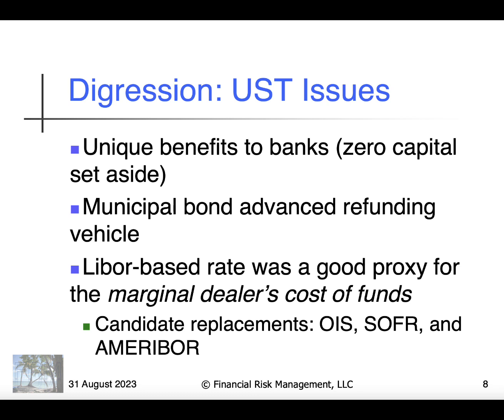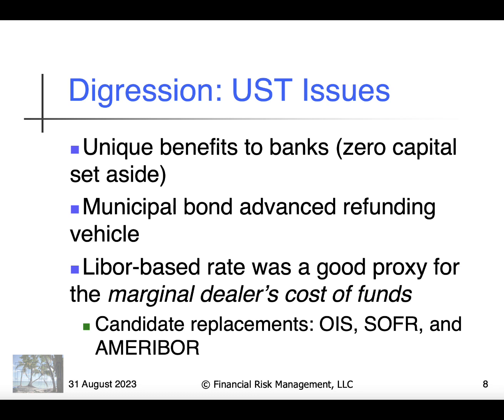Thus, many decades ago, when the London interbank offered rate came about, it was actually the much preferred base curve rate because it was a good proxy for the marginal dealer's cost of funds. It didn't suffer from all these artificial influences upon treasuries. Unfortunately, LIBOR is now obsolete, and we're sort of in this time of uncertainty.